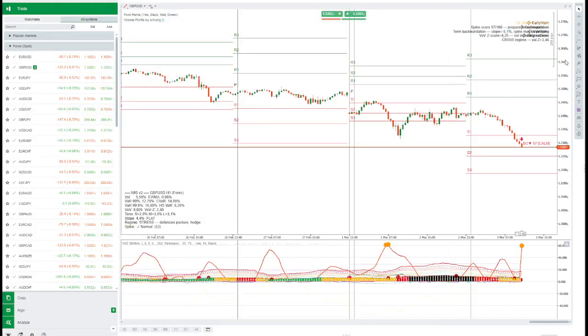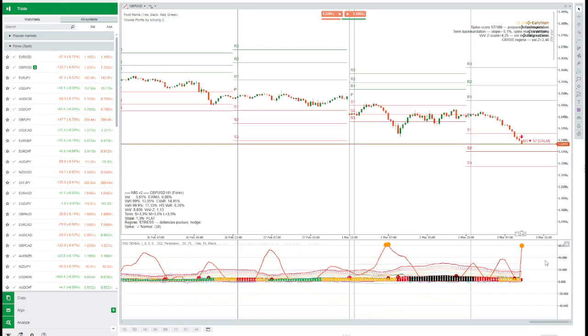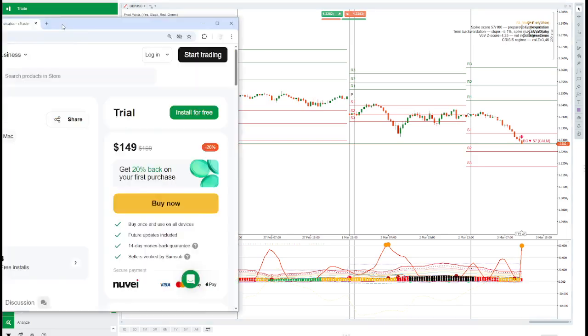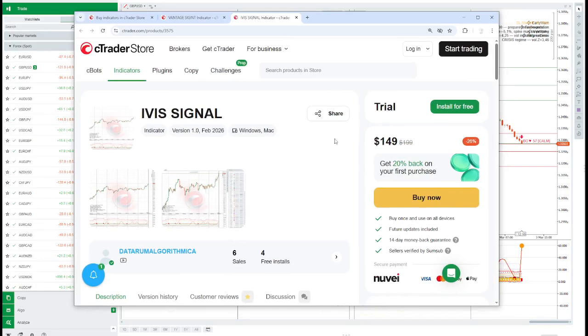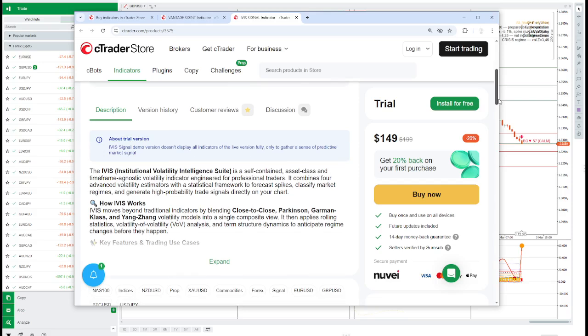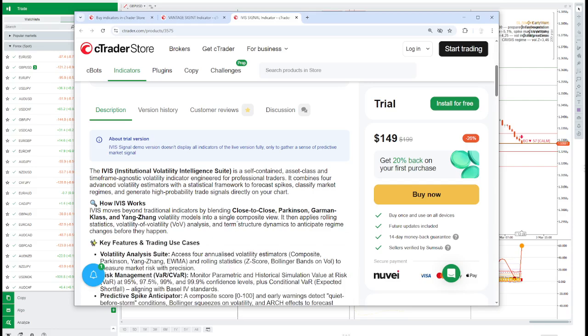So here we have IVIS signal. Okay, so we have this indicator here: institutional volatility intelligence suite, and it brings together four types of volatility measure: close to close, Parkinson, Garman-Klass, Yang-Zhang, and composite.